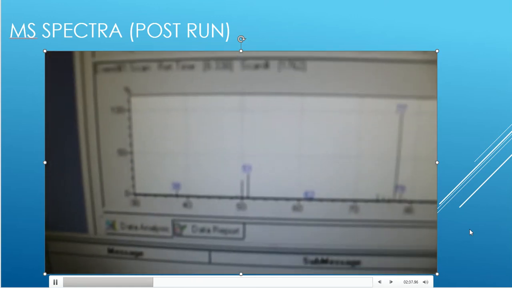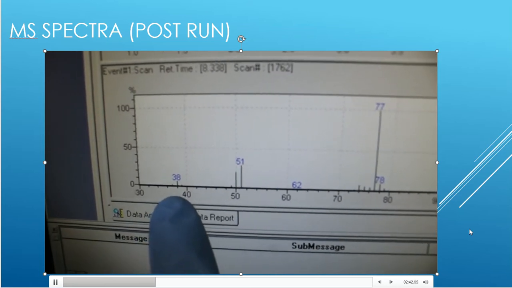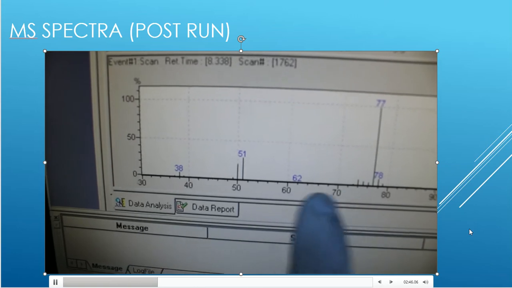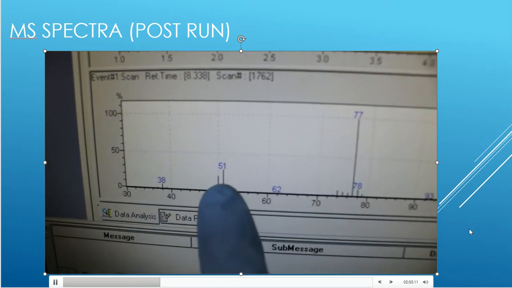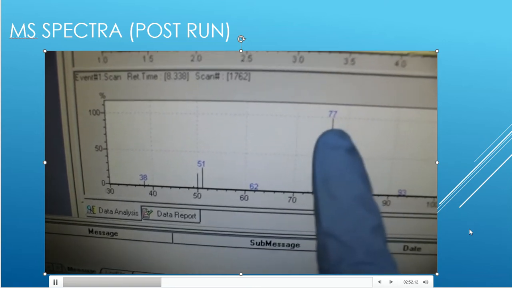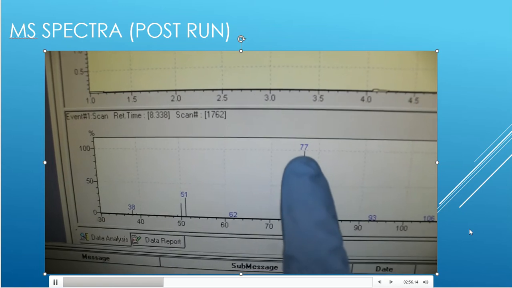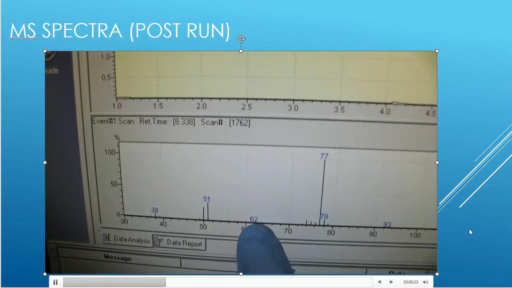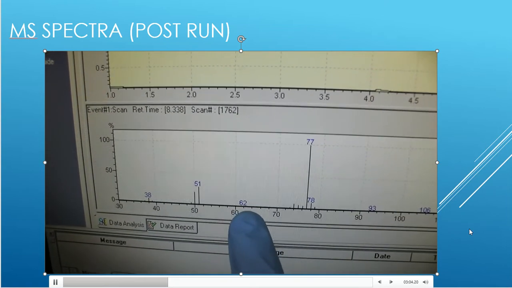All right, so we're going to double click that peak again, and when I do, the mass spec changes down here at the bottom. Now if I zoom in on the mass spectrum, you're going to see that typical M to Z ratio down here at the bottom. So this is 40, 50, 60, 70 M to Z. And you're starting to see the fragmentation pattern. I see a pretty tall line here at 77. I see one there at 51. I don't really see anything there at 62, but the software picked it up and listed it.